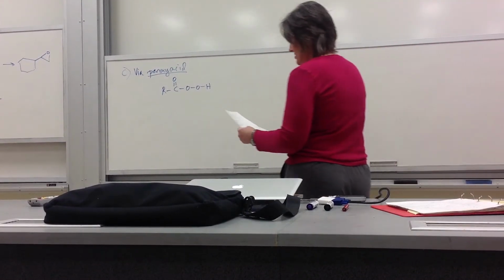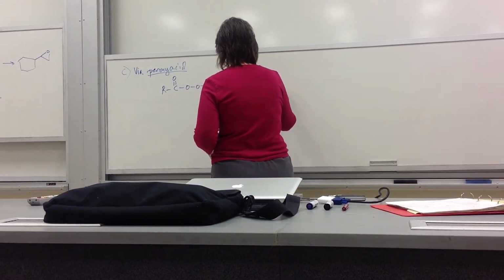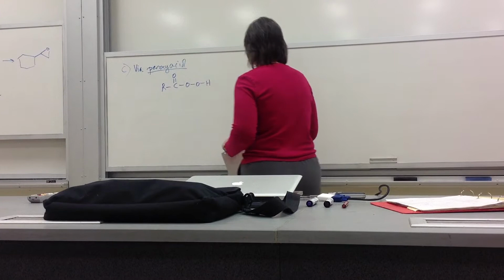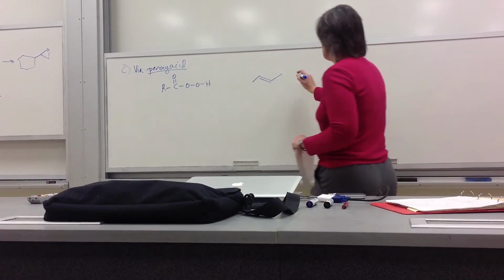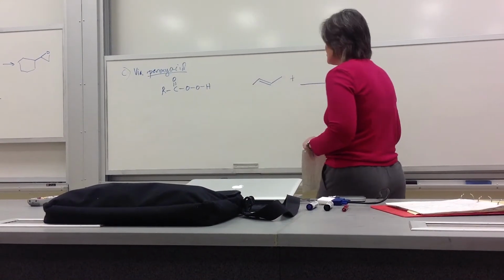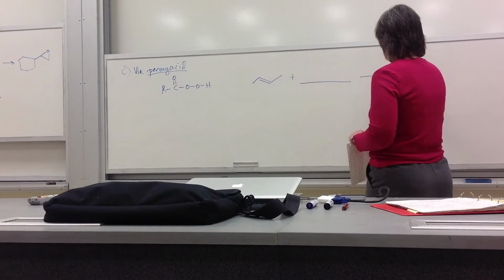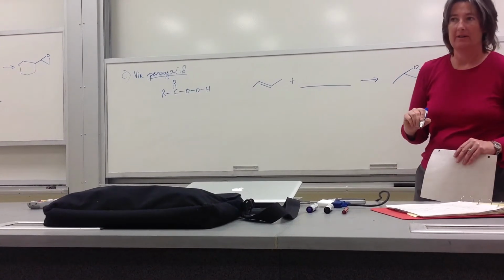And what goes on with these is you take your alkene, again you have to start with an alkene, and you treat it with whatever your peroxy acid is going to be, and you end up making the epoxide.